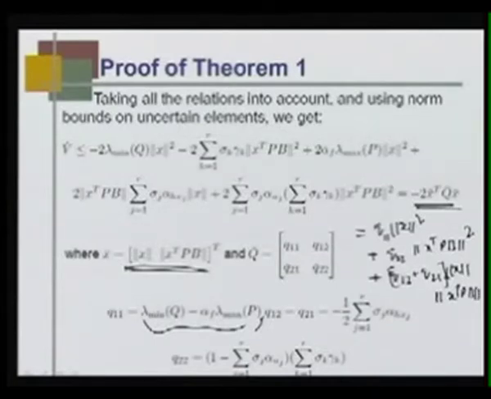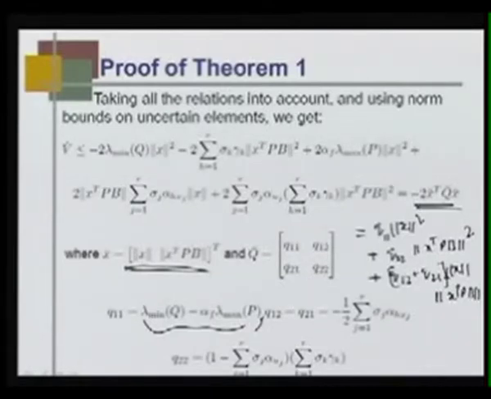So, what you saw is that V dot is less than these 5 terms, and I am trying to represent these 5 terms as minus 2 x bar transpose q bar x bar, where I define x bar as this vector of 2 terms, and q bar is a 2 by 2 matrix.